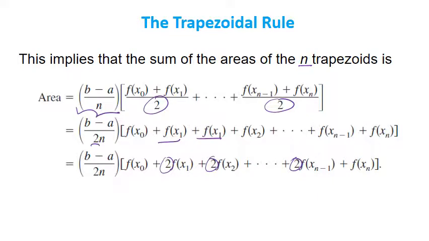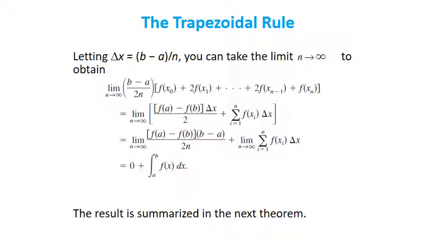Okay, so moving on, we know that if we have an infinite number of trapezoids, I'll have a better approximation. So that's why this limit is approaching infinity. And remember that when the limit approaches infinity, then we end up with an integral. So the trapezoidal rule can be summarized here.